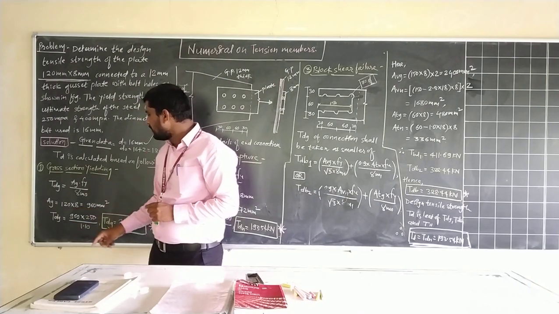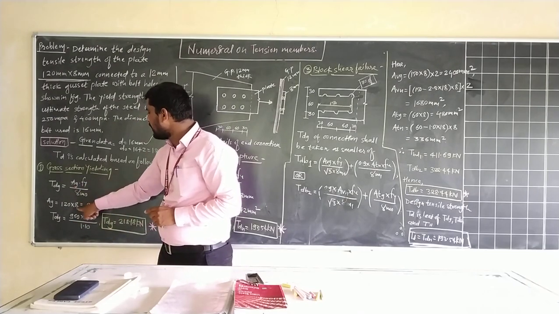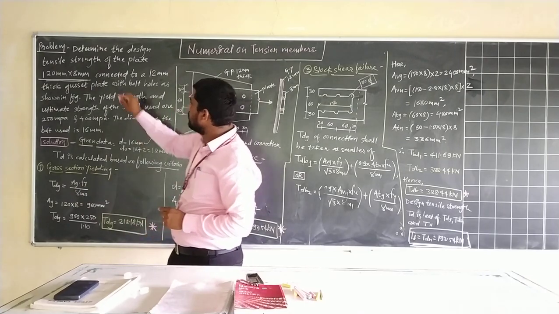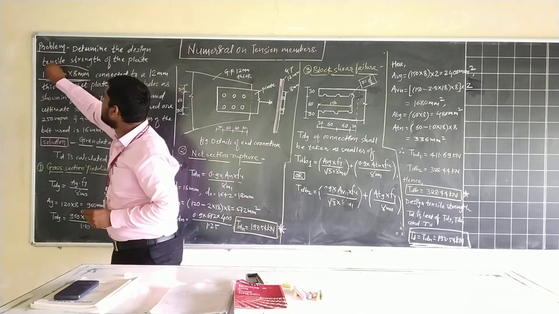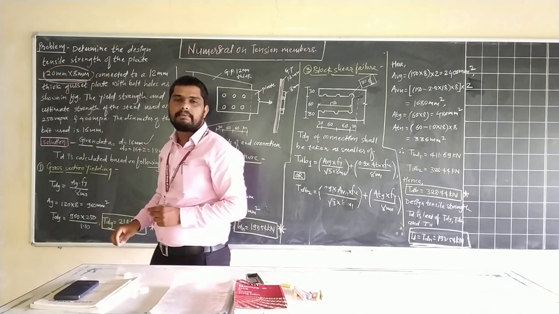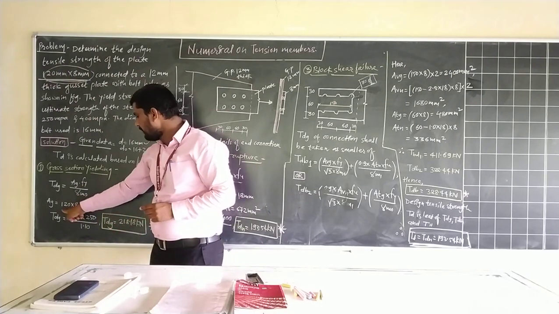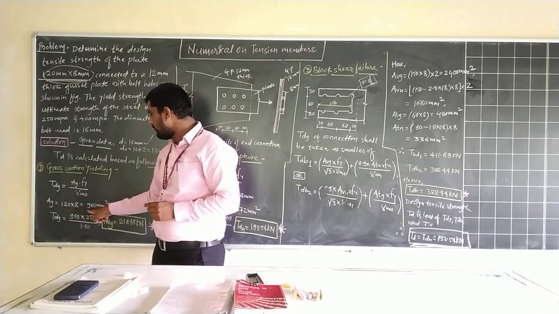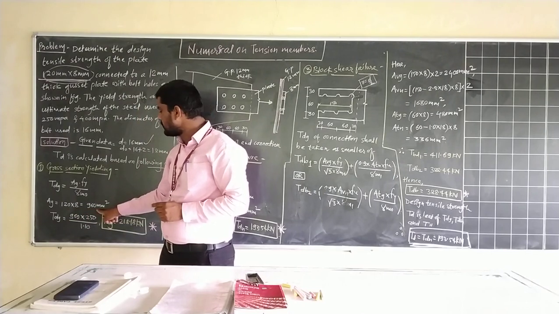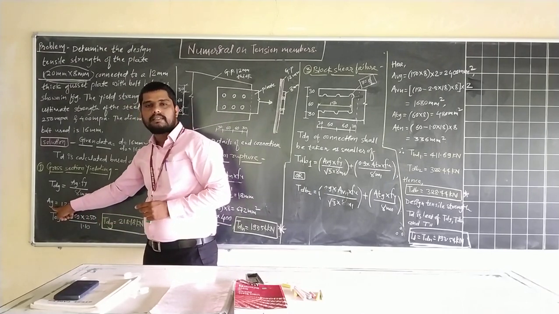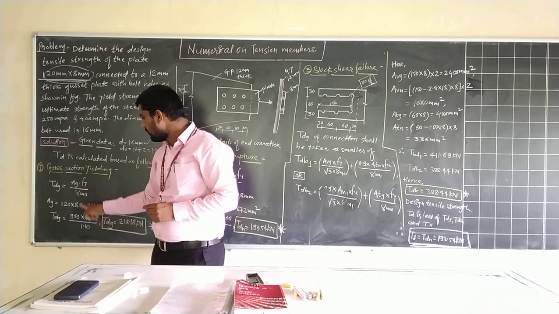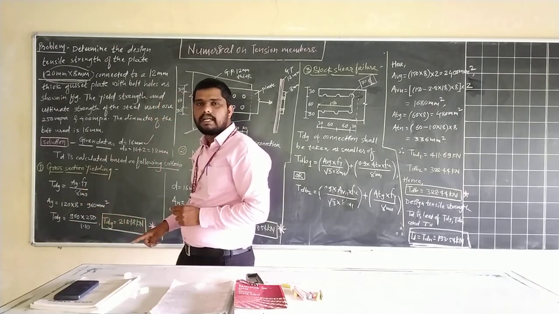Then how are we going to find out the gross area for this particular plate? The dimensions of this plate are given, 120 mm by 8 mm. If you multiply 120 by 8, we get 960 mm square as the area of this plate. So substitute all the values in our equation.